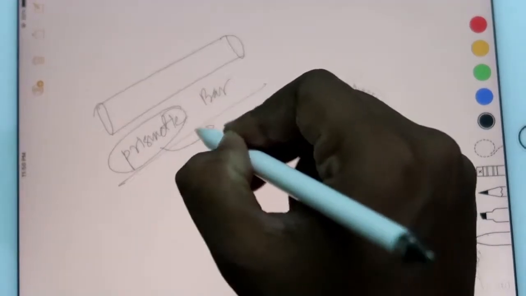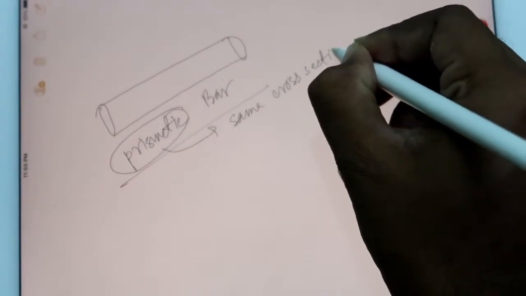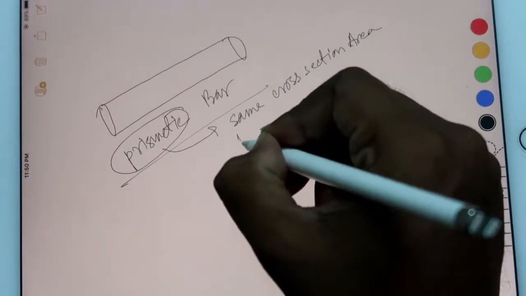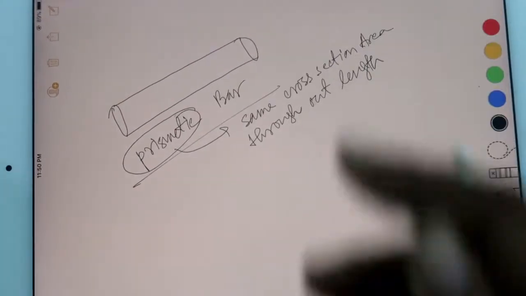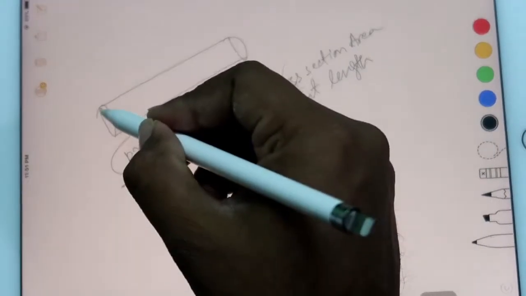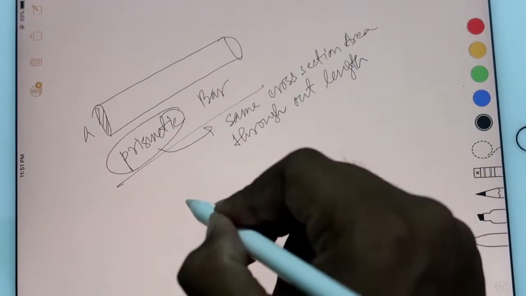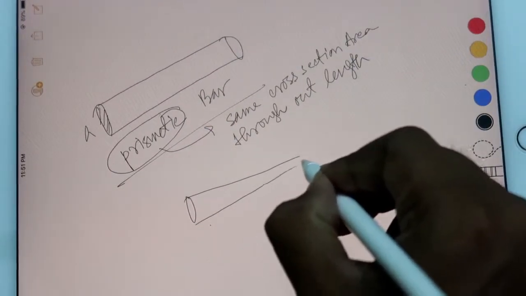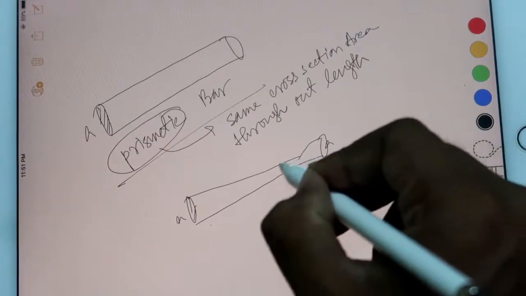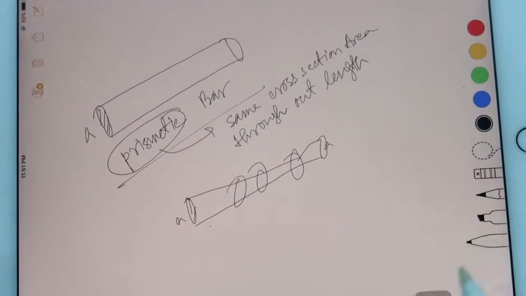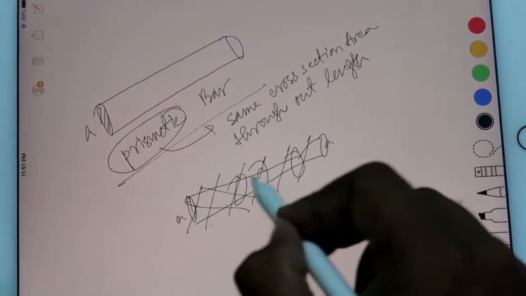Prismatic denotes the same cross section area throughout the length. A bar whose cross section area A is constant throughout is prismatic, but if there is a bar like this, where this is A, this is A also, but here the cross section always changes, then this is not a prismatic bar.